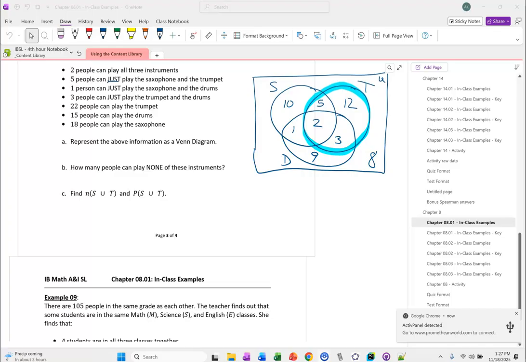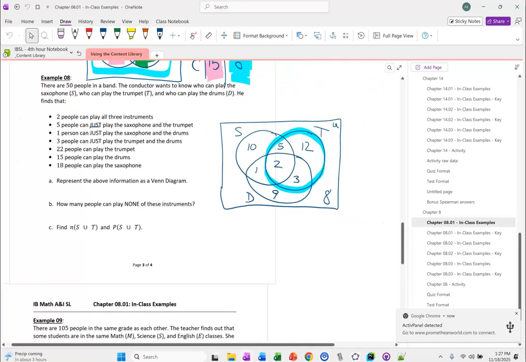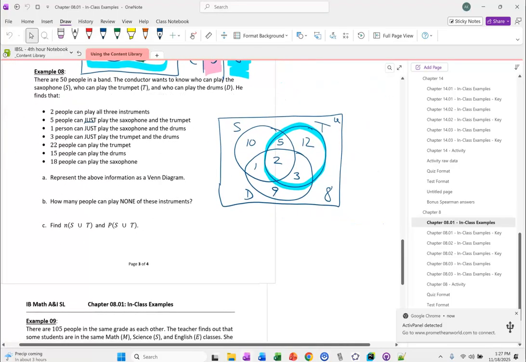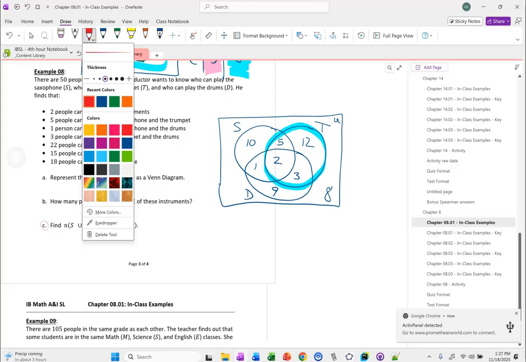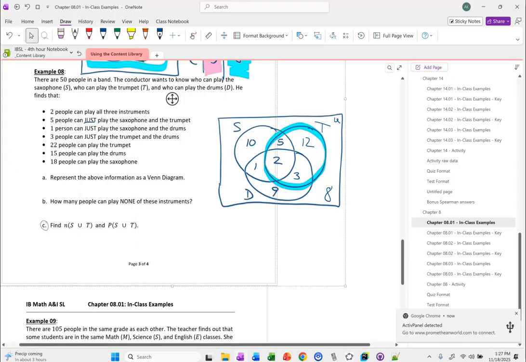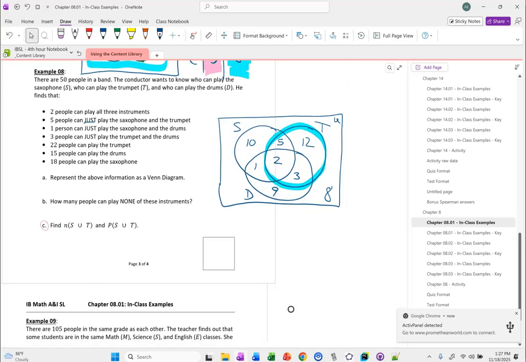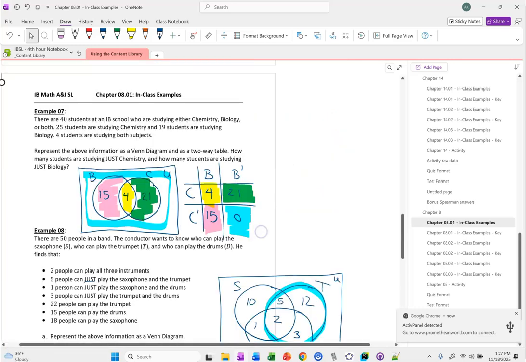So, I think last time we were in the midst of doing this example 8, and I think we were on part C. So we had drawn this Venn diagram.